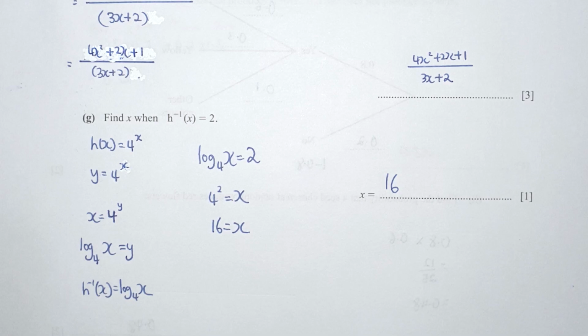As per usual, change the function h into y, swap their position, then I rearrange it into log with a base of 4, and then the result of x equals y. So through this, you know that your h inverse will be log 4 x, and log 4 x equals 2, 4 to the power of 2 equals x, and your x result will be 16.